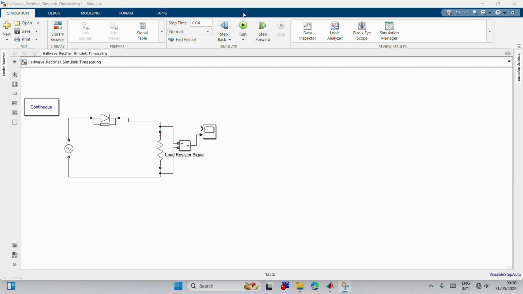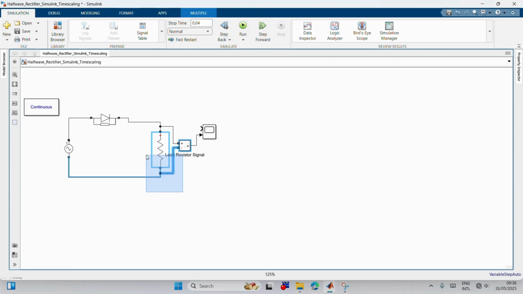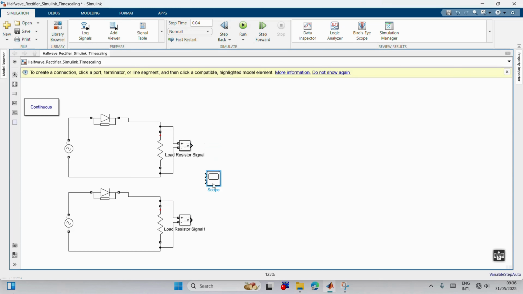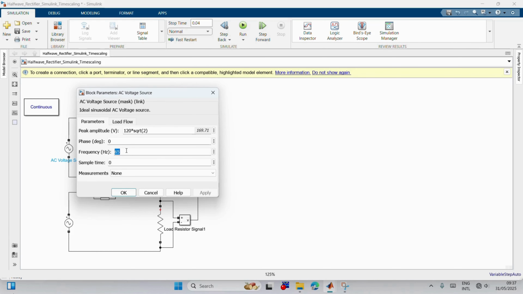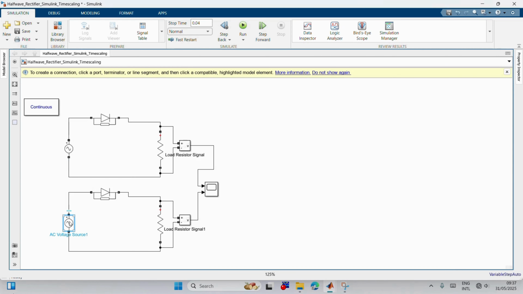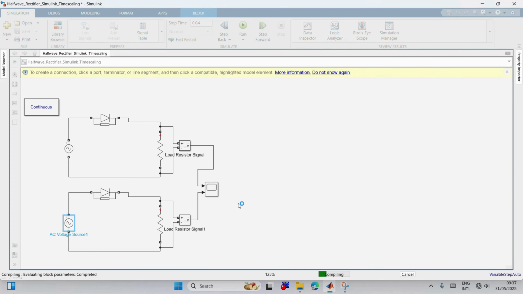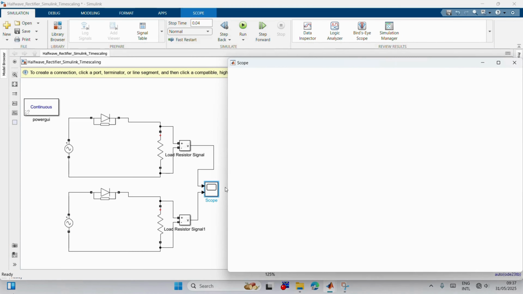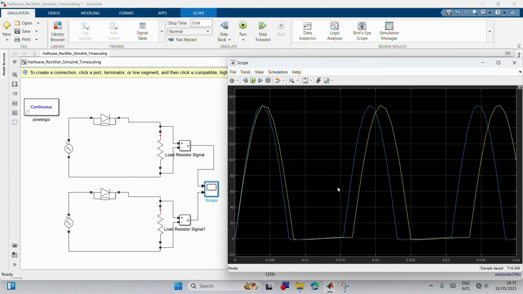So to visualize, I added another AC signal, increased the frequency to 65 Hz. So we can see that the frequency increases while the wavelength decreases.